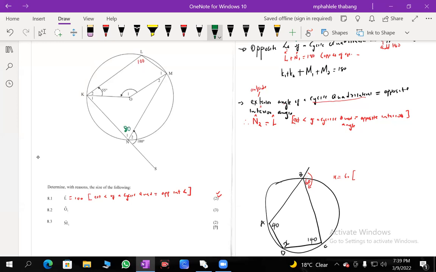Remember, you have to show your workings in the exam room. Angle N1 is 80, and then angle O1 is 160, because the angle at the center is equal to 2 times the angle at the circumference.